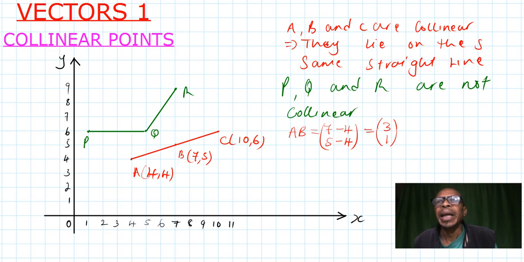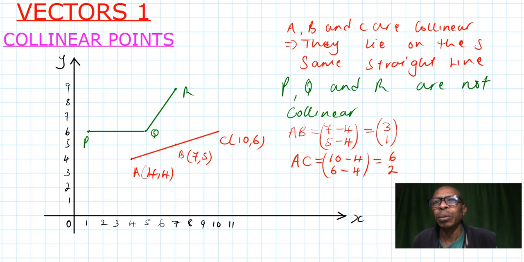Now again, we can get the column vector AC, using A and C. So it is 10 minus 4, and 6 minus 4. 10 minus 4 is 6, and 6 minus 4 is 2.